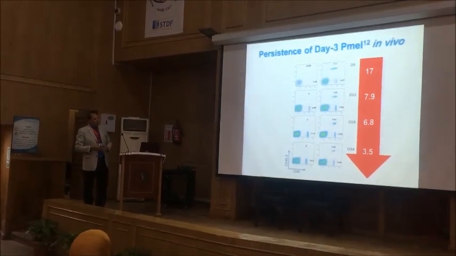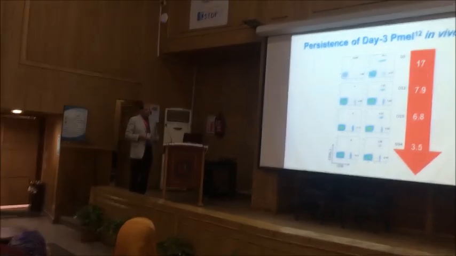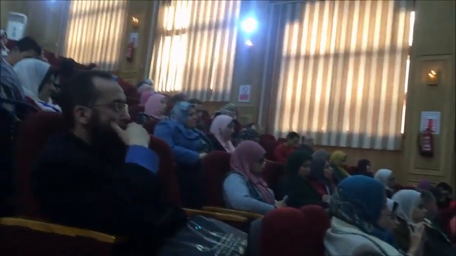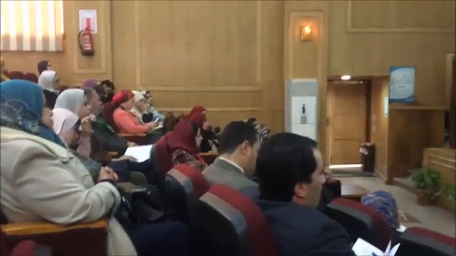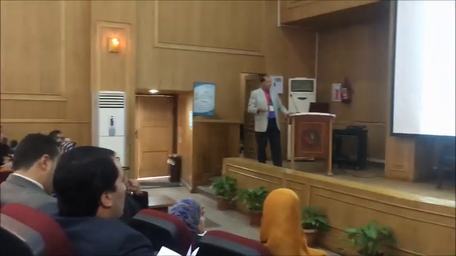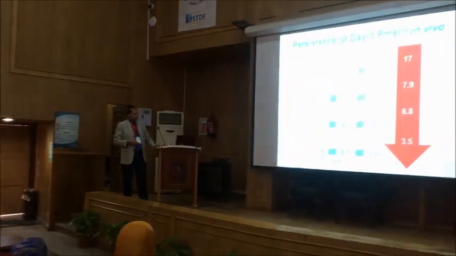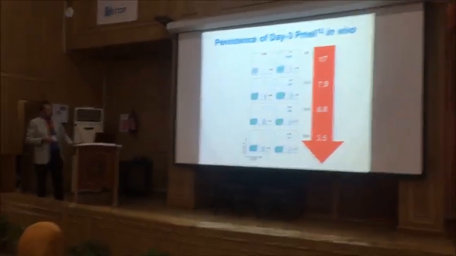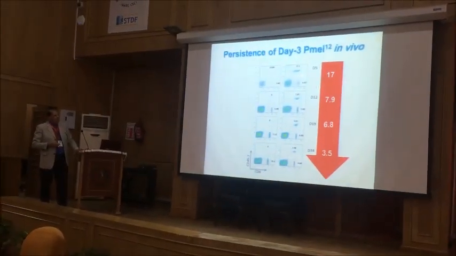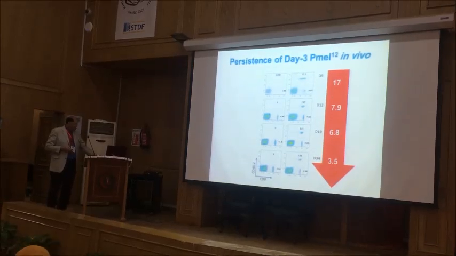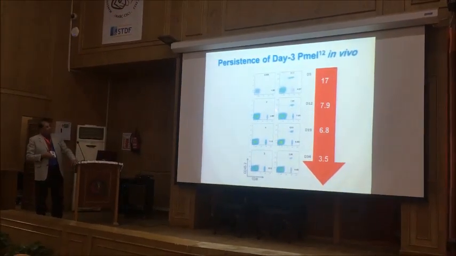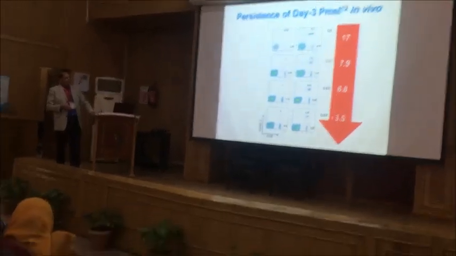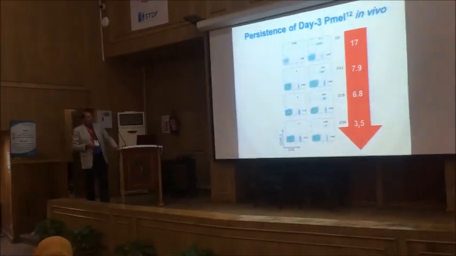Then we asked how long these cells can survive or persist in vivo. We took several organs: blood, lymph nodes, liver, and spleen, of course. We looked at the number of these cells here, and as you can see, the number of cells decreased over time, but at day 35 you can still detect them.